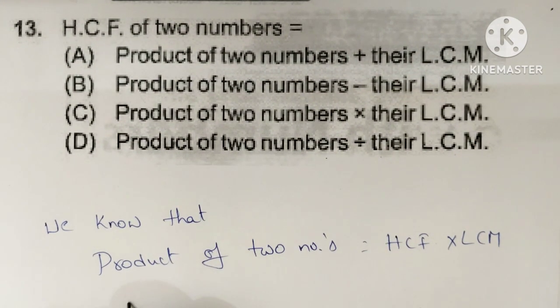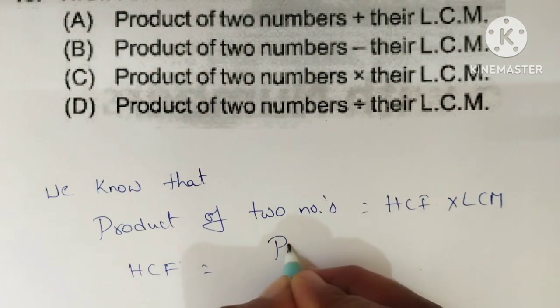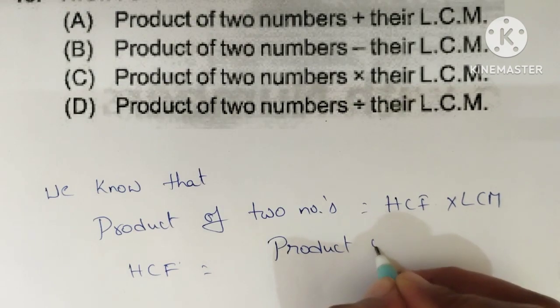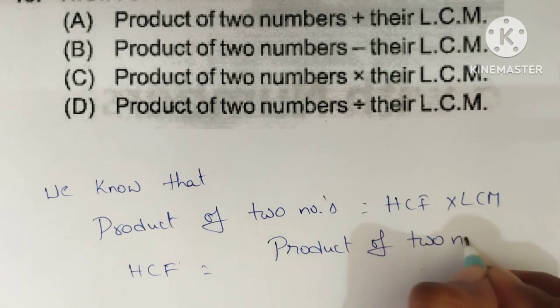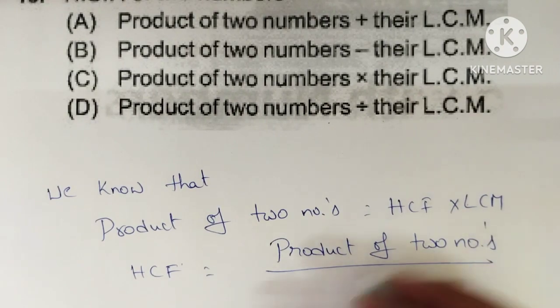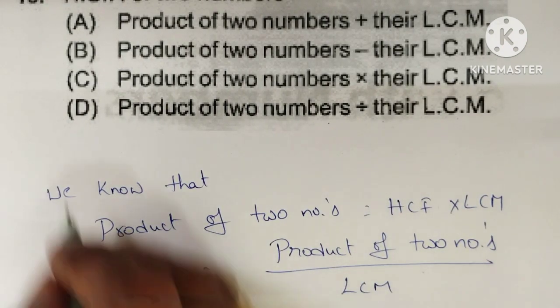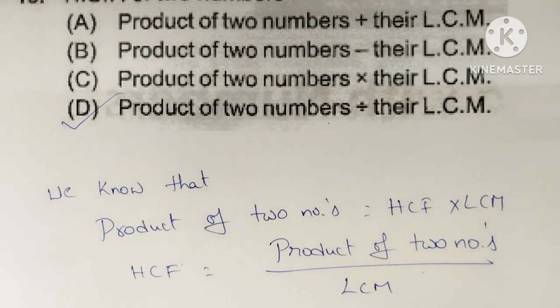So HCF equals the product of two numbers divided by LCM. So option D is the correct one.